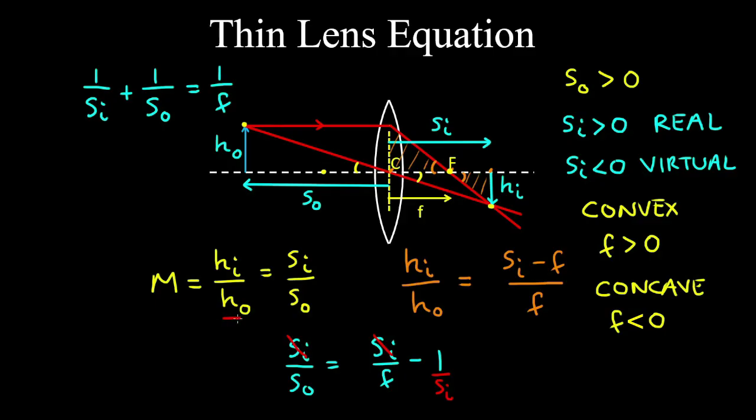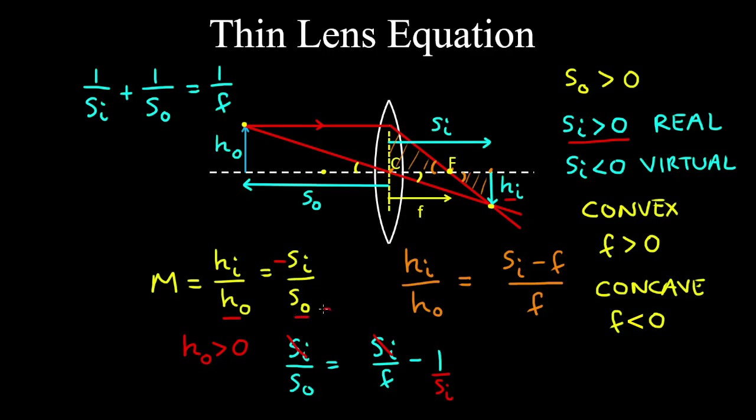Now given that the height of the object is always positive, then we put a negative sign behind the distance to the image. So the reason for this is because real images have SI greater than 0 and they appear inverted on a transmitted side of the convex lens.